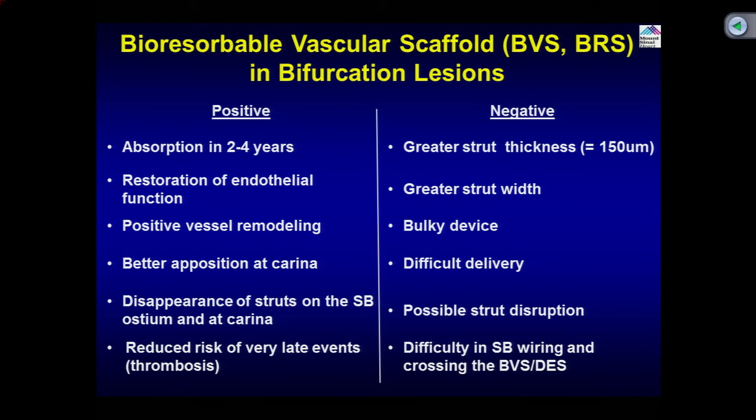And if you can wire it, then even advancing your BVS or DES to the side branch, which we routinely do, we go through the strut, open it up with a high pressure, and then put the DES to the side branch. This may be difficult because of the ostium; we can open up the side branch strut before.